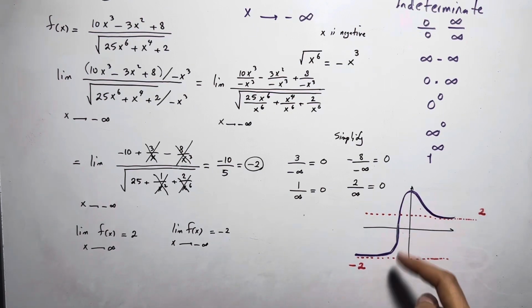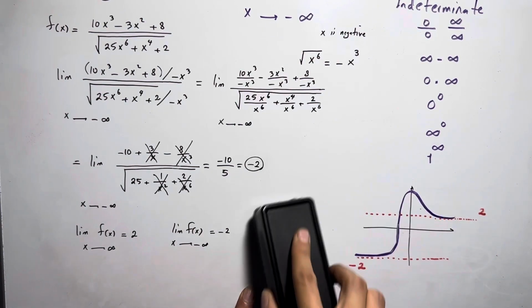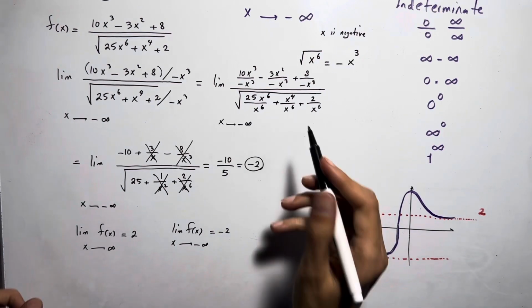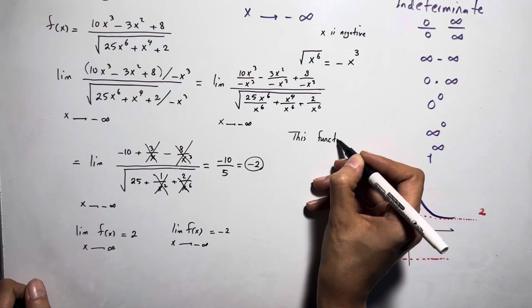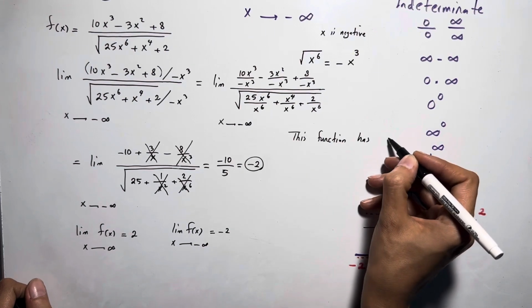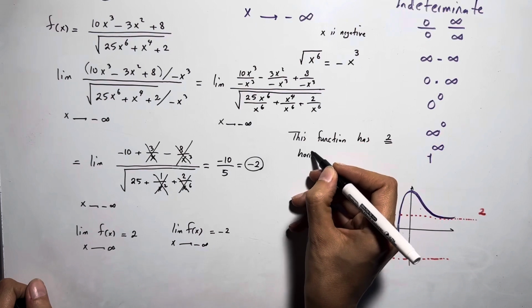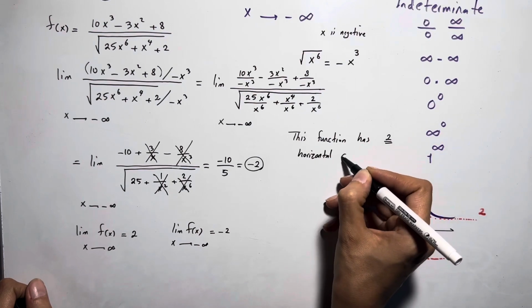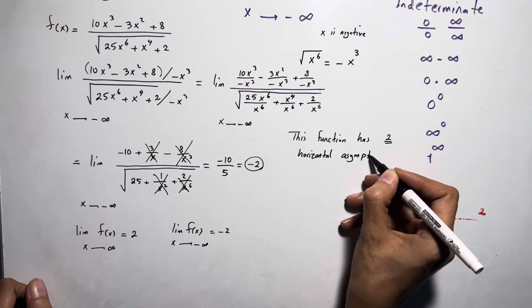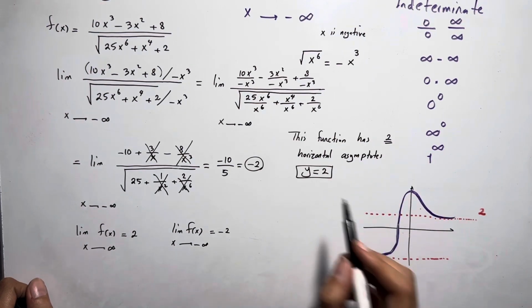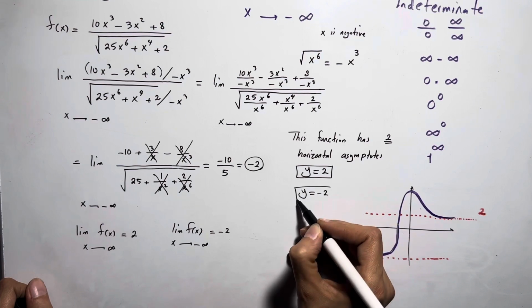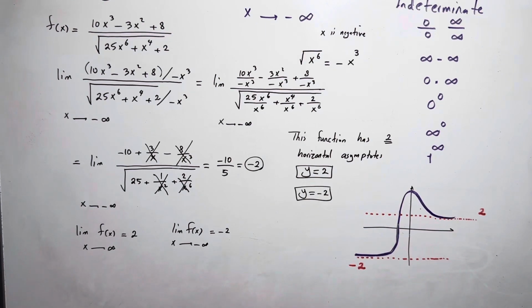So you basically found 2 horizontal asymptotes for this function. This function has 2 horizontal asymptotes. One of them is y equals 2, this line here, and the other one is y equals negative 2, which is this horizontal line down here.